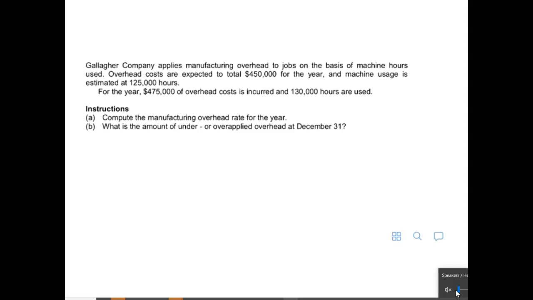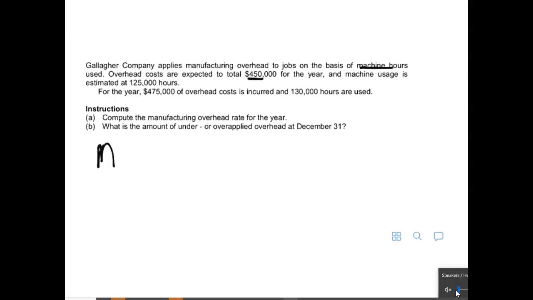Gallagher Company applies manufacturing overhead to jobs on the basis of machine hours. Overhead costs are expected to be $450,000 for the year, and the machine usage 125,000 hours. All right, it says compute the manufacturing overhead rate.